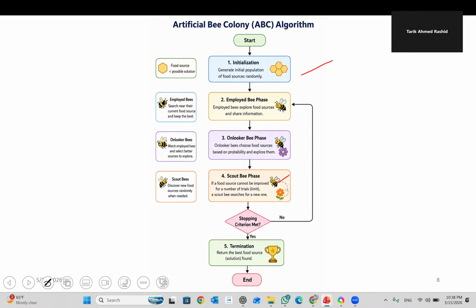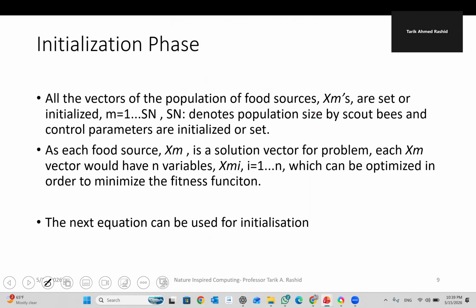If the food source is not improved or cannot be improved, then the scout bees will be generated. The cycle will be repeated. If the convergence is met, we terminate. If not, then we go back to step 2, the employed bee phase, where they explore the food sources. So that's more or less about this algorithm.